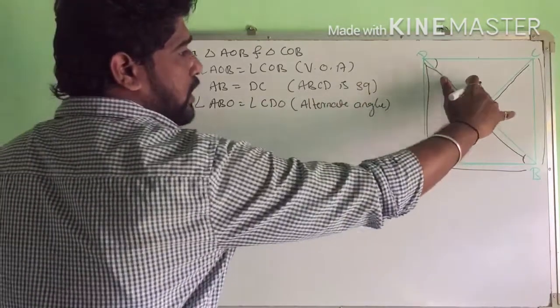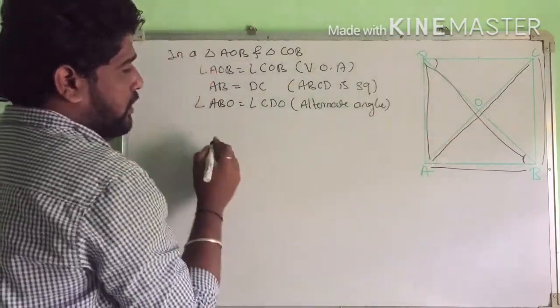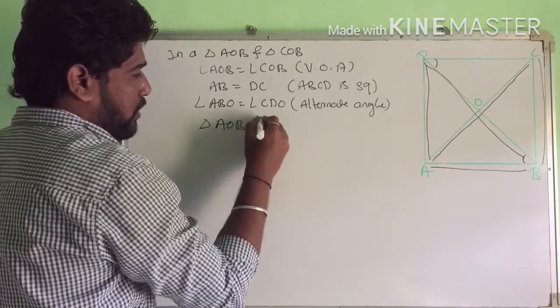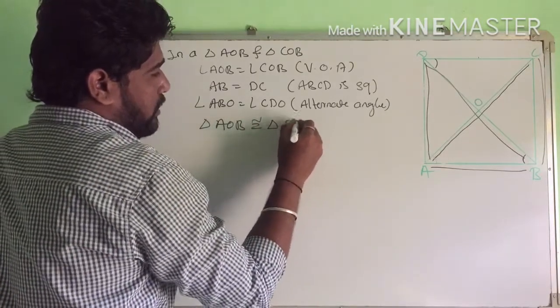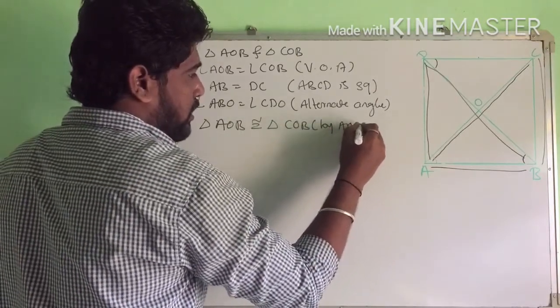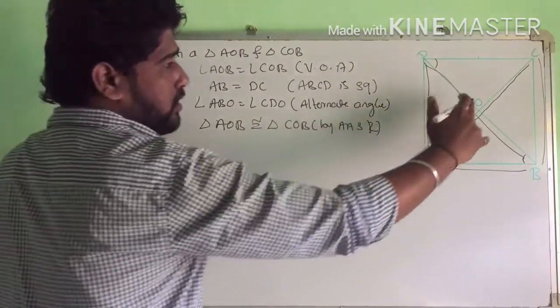So these two triangles are congruent to each other by the AAS criteria. The triangle AOB is congruent to the triangle COD by the AAS rule.